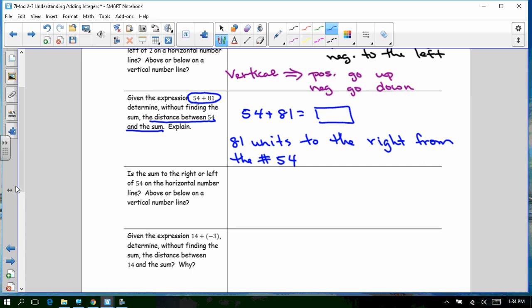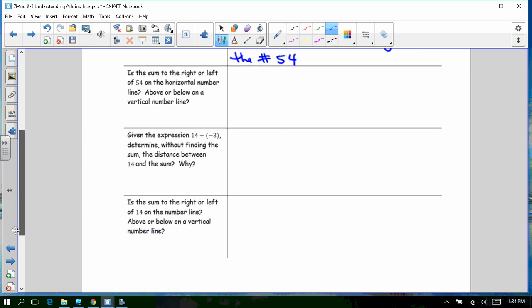Okay? All right, so let's suppose I gave you 14 plus negative 3, right? What is the distance between 14 and the sum? 14 plus negative 3, write that answer. How far away is this answer in that box from 14? It's 3 away.